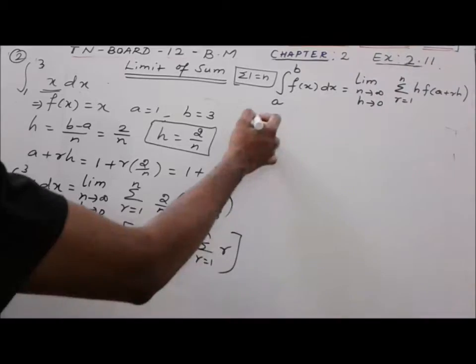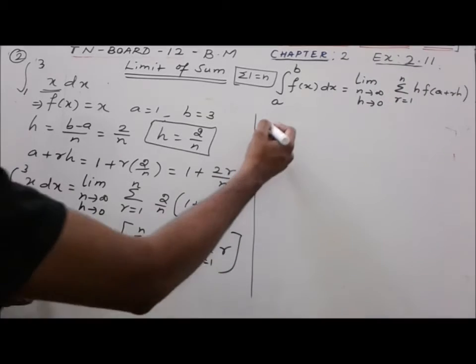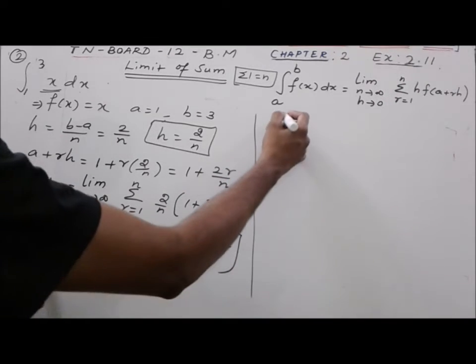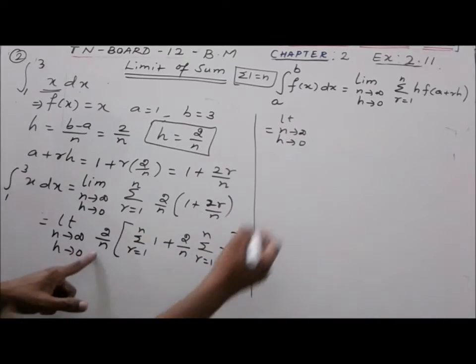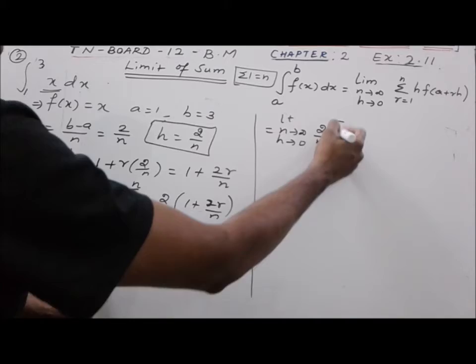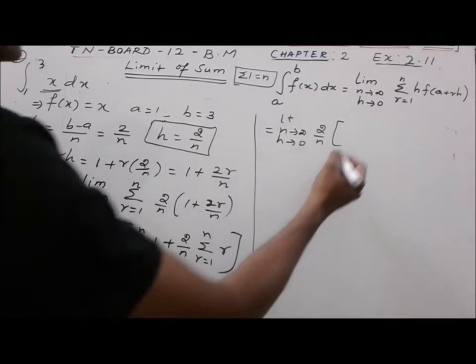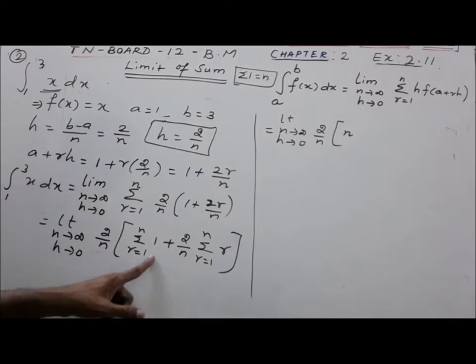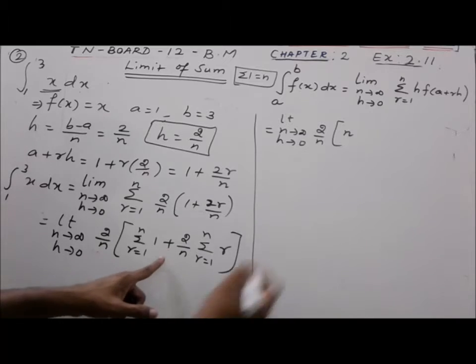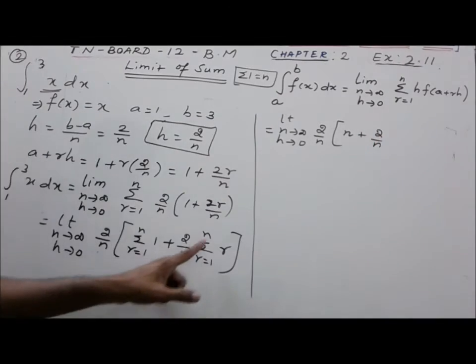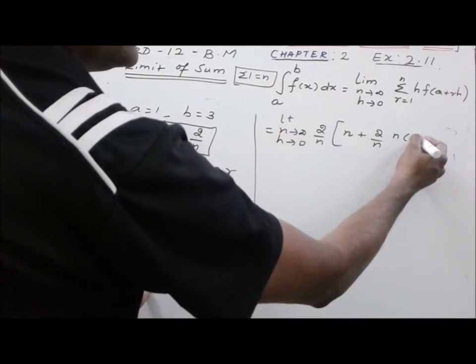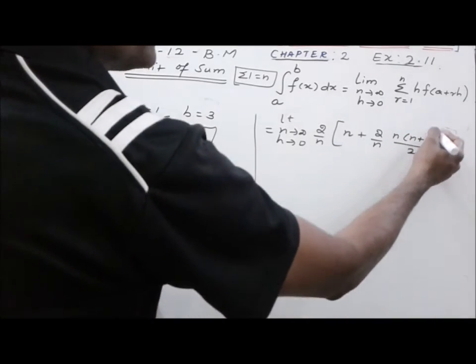Substituting the values of 1 and r here, which is equal to limit n tend to infinity, h tend to 0, 2 by n into sum of 1 is n, and plus 2 by n into sum of r is n into n plus 1 divided by 2.